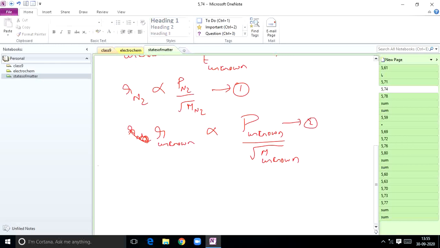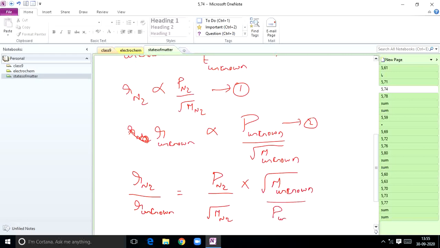Take the ratio: rate of diffusion of nitrogen by rate of diffusion of unknown is equal to partial pressure of nitrogen by square root of molar mass of nitrogen, into square root of molecular mass of unknown divided by partial pressure of unknown. So substitute.